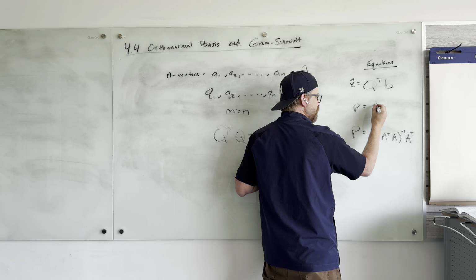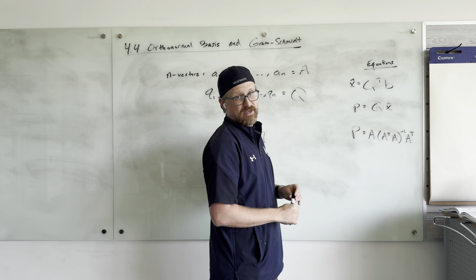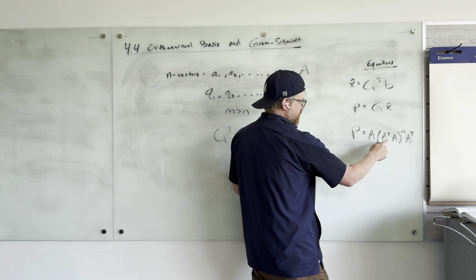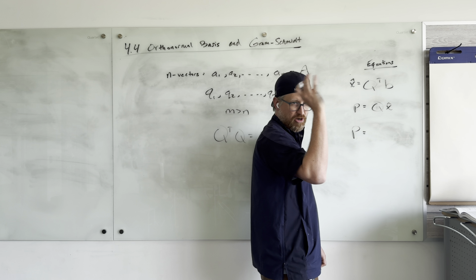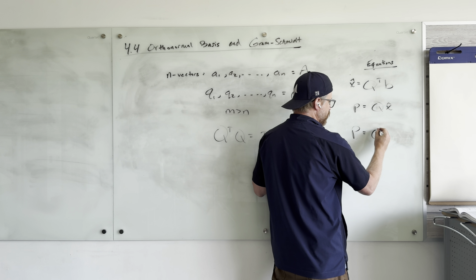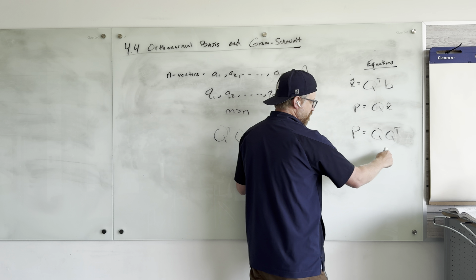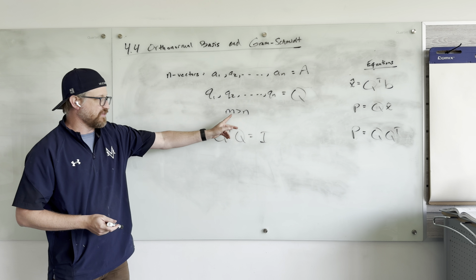My projection of b onto the subspace Q is just Q x hat. And then my projection matrix that will project any vector onto my orthonormal basis is now QQT. Again, this may or may not be I, it just depends on this inequality.